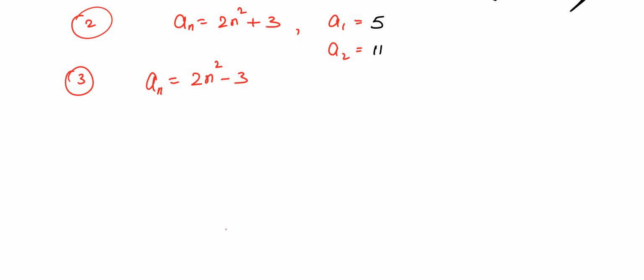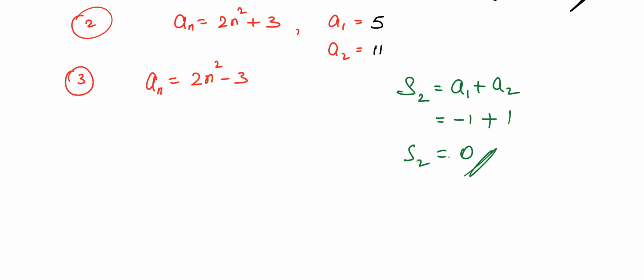What do you mean by sum of first two terms? A1 plus A2 we should add, correct? No, sum of two terms means S2. S2 is equal to A1 plus A2. What is A1? 1 square, 1, 2 ones are 2, 2 minus 3, minus 1, plus A2: 2 square, 2 2s are 4, 4 minus 3, 1. Plus 1 minus 1, S2 is 0.